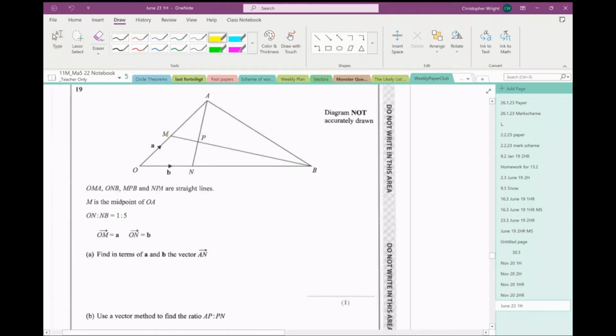So M is the midpoint of OA, and ON is a fifth of the whole length.